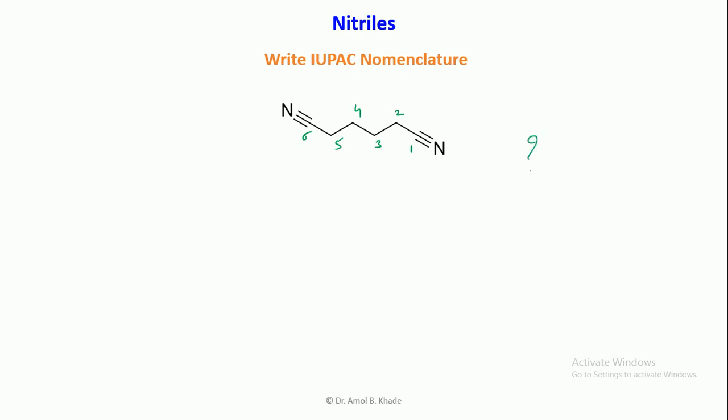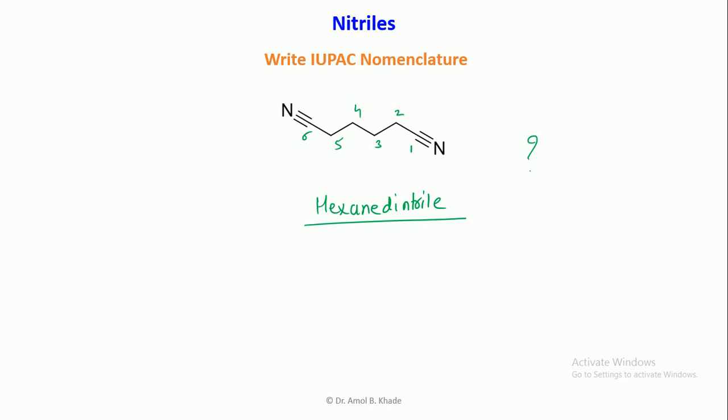So predict the answer for this structure. Put your answer in the chat box. What will be the answer here? It will be hexane dinitrile. Hexanedinitrile will be the correct name.